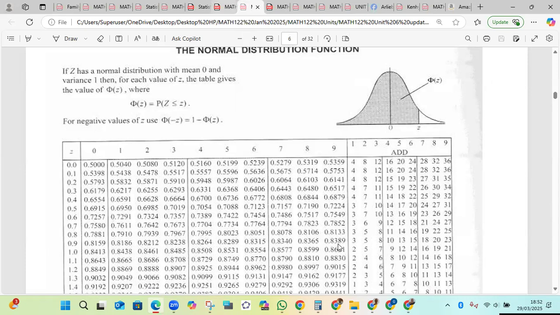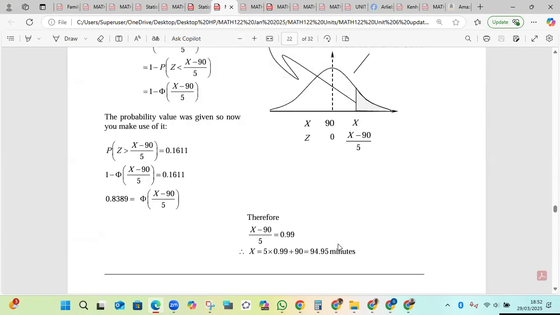And then you use that Z value, substitute it into the formula for Z, X minus mu over sigma, and then you do some algebra and you solve for X. As you can see, in this case, X is greater than the mean. Okay. And it happens to be 94.95.